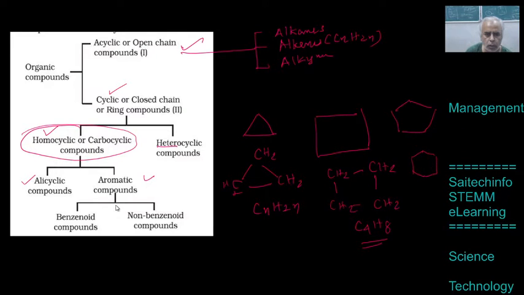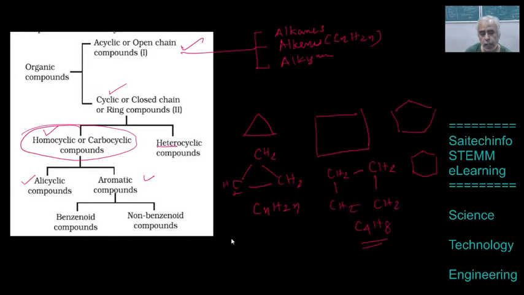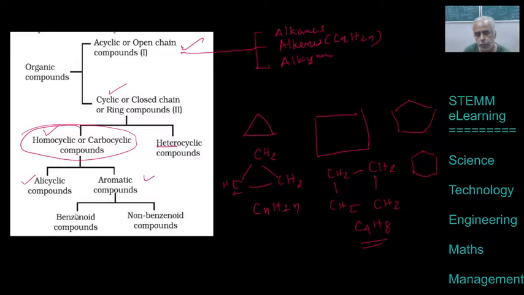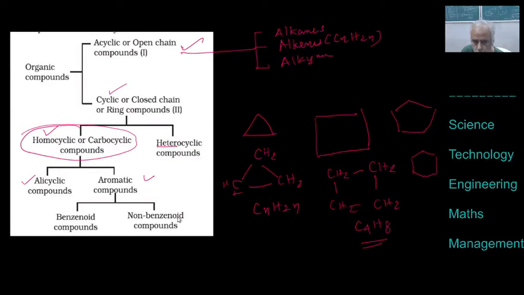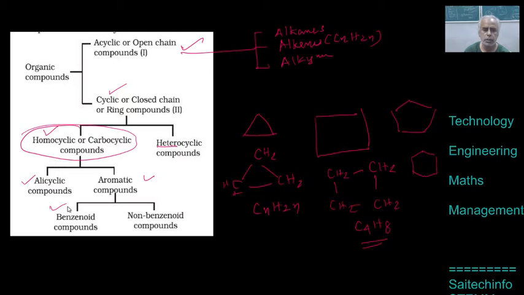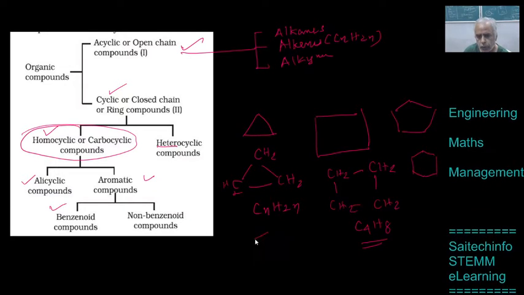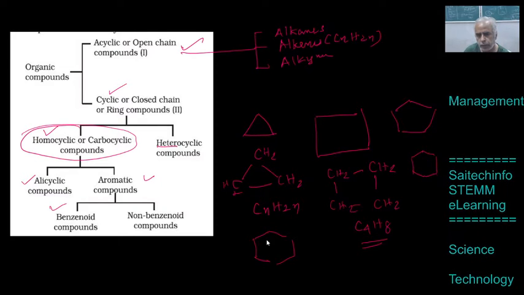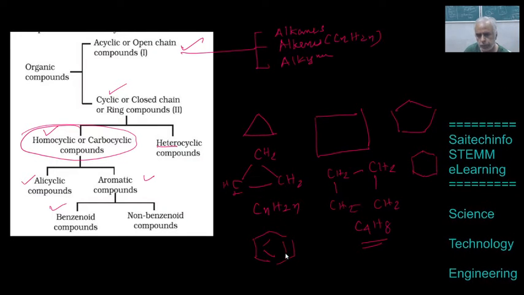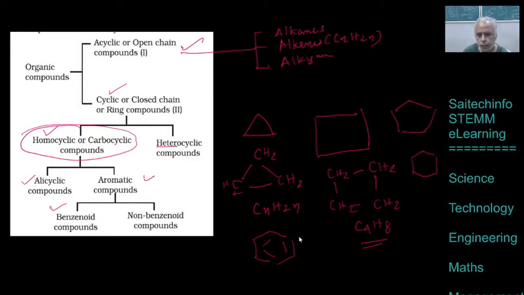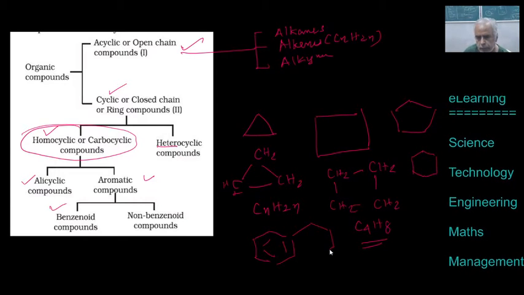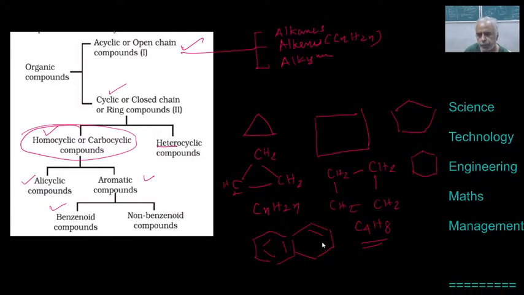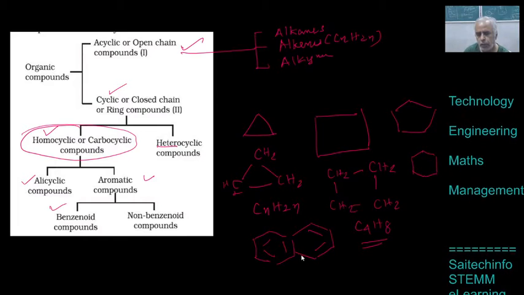Then aromatic compounds. These can further be classified into benzenoid compounds and non-benzenoid compounds. Let me talk about benzenoid compounds. Here you have a benzene like structure, and that's why they are called benzenoid. So benzene is the first one. And when you join another hexagon like this, then it is called naphthalene. Are you able to follow?